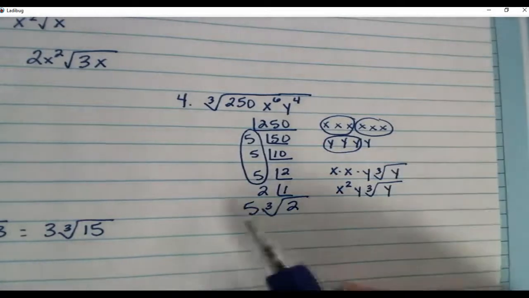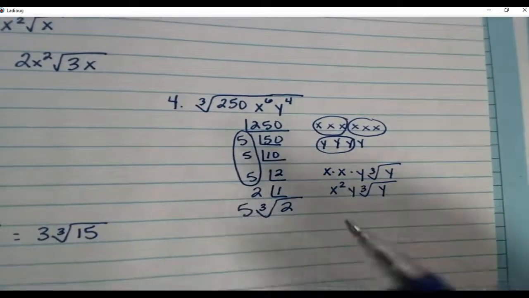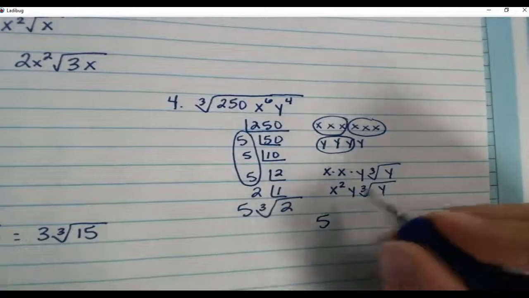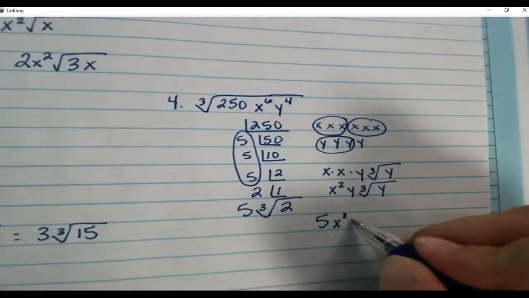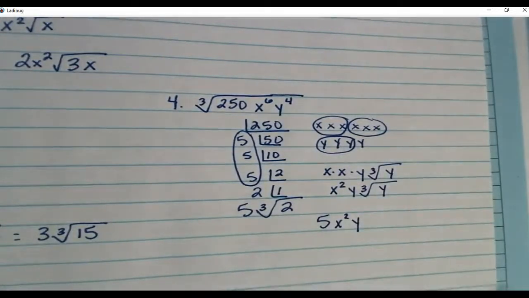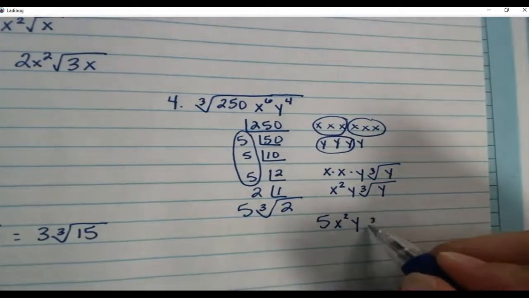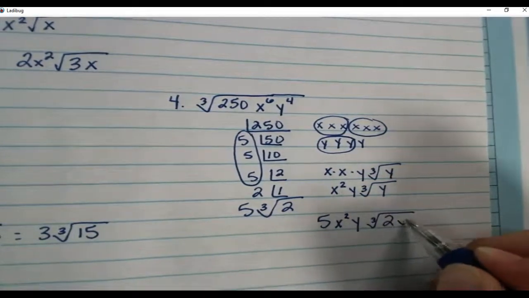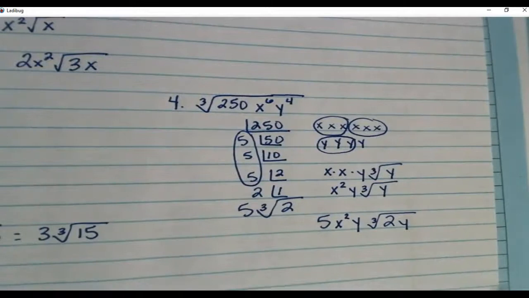Yep. So we put it all together. So we got a 5 on the outside. We've got an x squared and a y. And then on the inside, we have a 2 and a y. So same things that we've been doing, just more things to pair up.